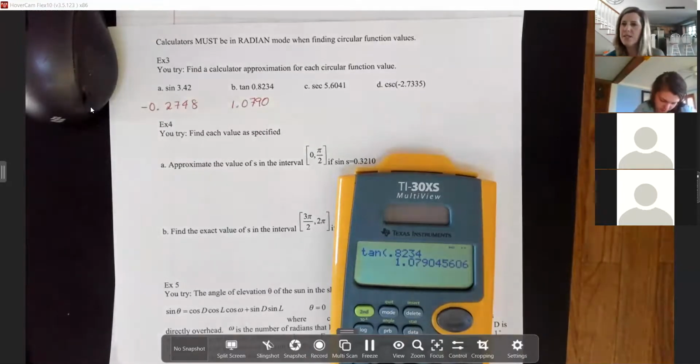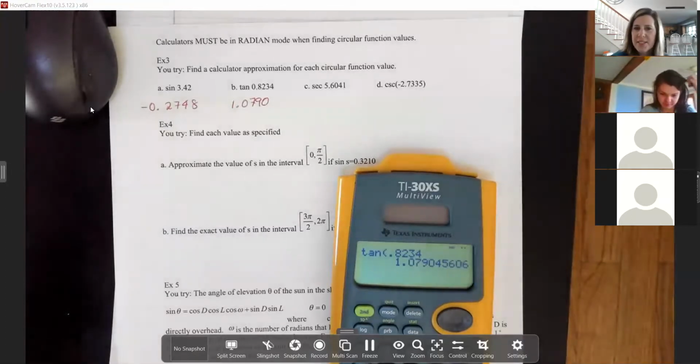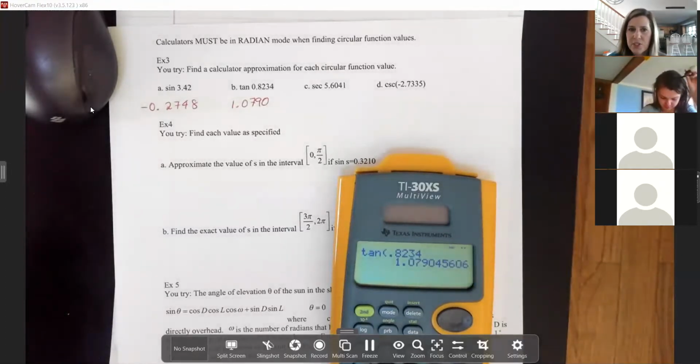Well, how are you going to do secant on the calculator? Wouldn't you just do 1 divided by the sine? What's the reciprocal of secant? Cosine. So you're on the right track, Jenna, just the wrong trig function. Do you remember what I said in the first unit?